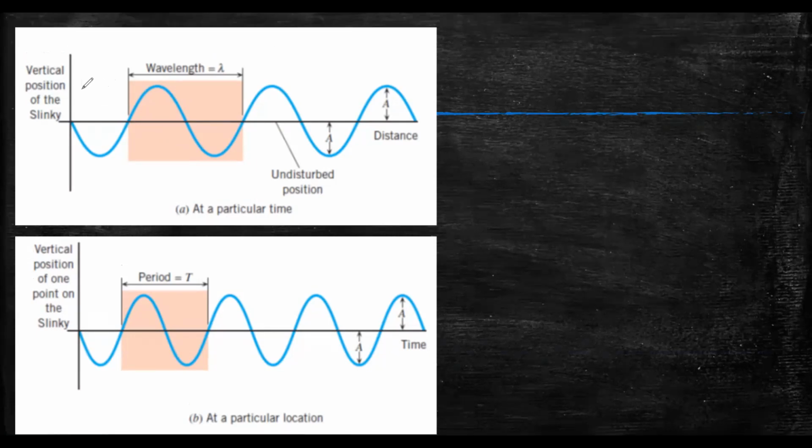Let's say the maximum point here is at 5 and the minimum point is negative 5. To get the amplitude, we can simply get 5, which is the point of the crest, minus negative 5, which is the point of the trough, divided by 2. Then we get the amplitude of 5.